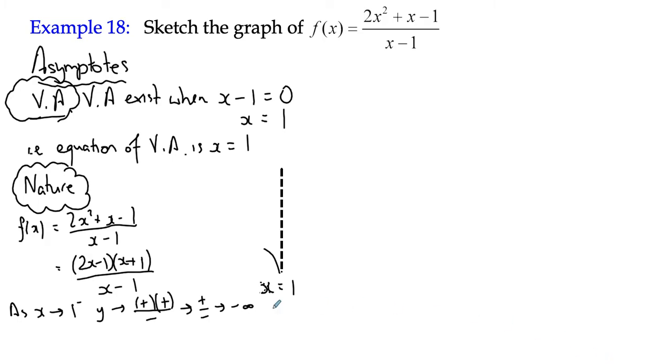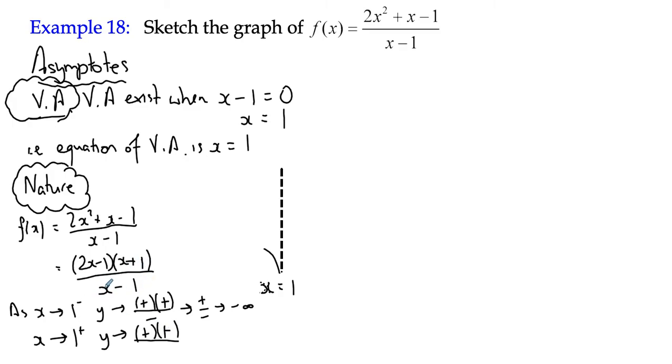And as x tends to a value just above 1, like 1.1, then what happens? In the numerator, the value of the first number, 2x minus 1, is still going to be positive. And the second one, x plus 1, still going to be positive.